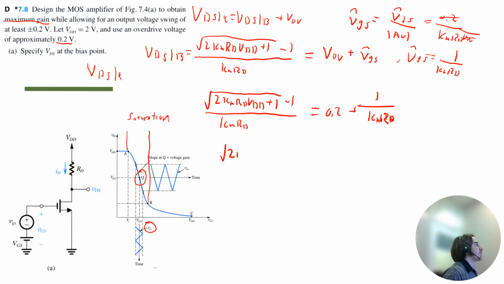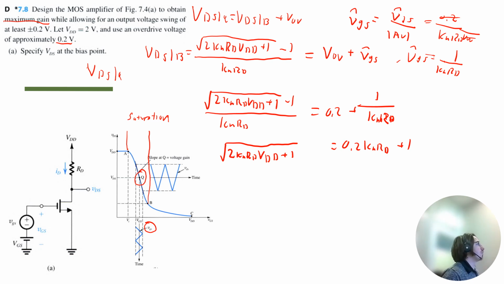That's going to get rid of the denominator on the left side, so we're just left with the square root and then minus 1. And on the right side, we're going to have 0.2 multiplied by Kn Rd plus 1. Let's add the 1 to the other side, so we have plus 2 on the right side.